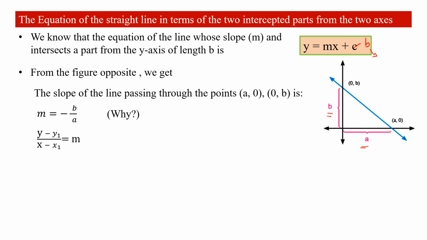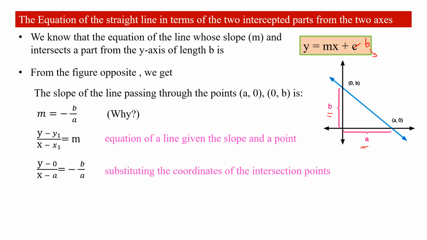So y minus y1 over x minus x1 equals m, the equation of a line given slope and a point. So y minus 0 over x minus a equals negative b over a. Substituting the coordinates of the intersection point, we can cross multiply: ay equals negative b multiplied by (x minus a), and negative b times negative a will be positive ab.